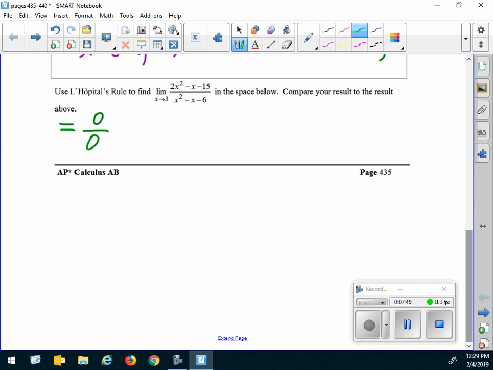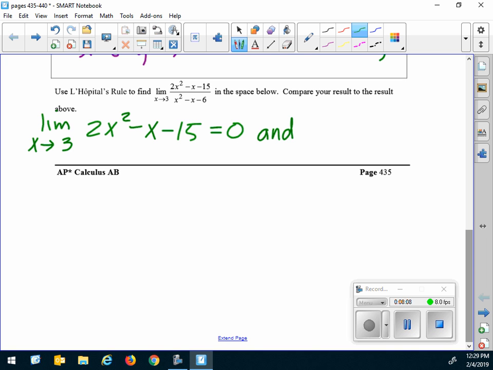Okay? So here's what you have to do. You have to apply the rule as written. You have to show the limit as x approaches 3 of the numerator equals 0, and you can write this down.